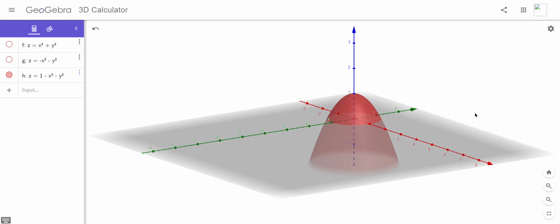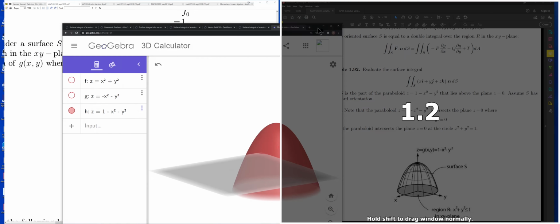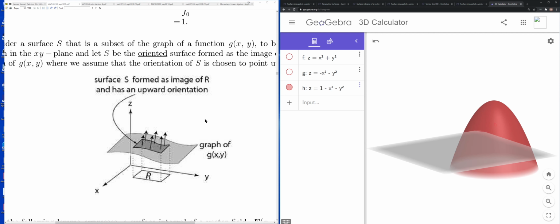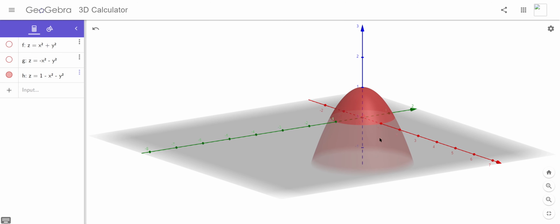So if we want to compare to our general picture, you have S, which is part of the graph of a function. In this case over here, we have the S here, which is the top part, and that is part of the graph of the function.